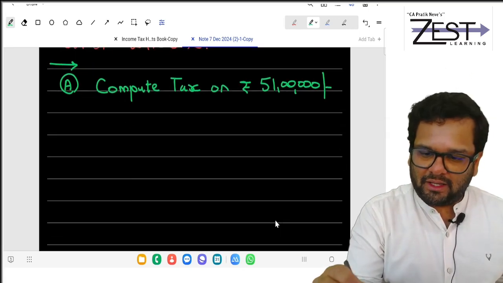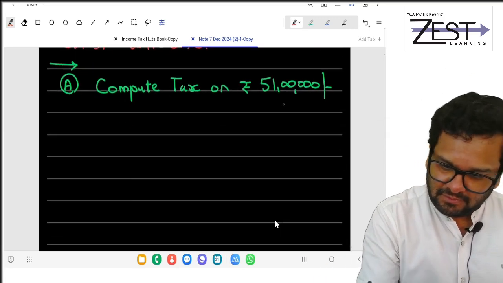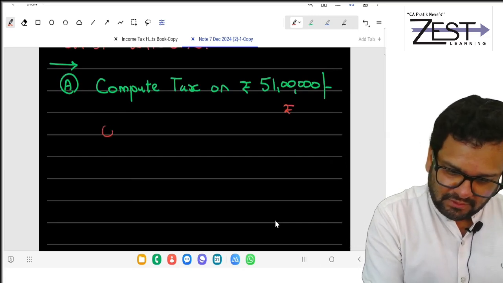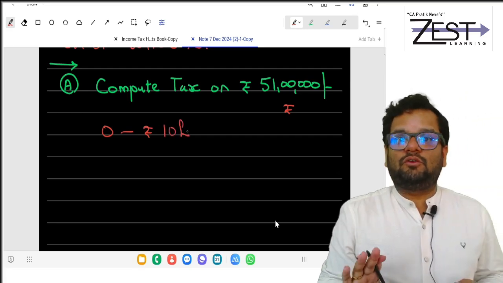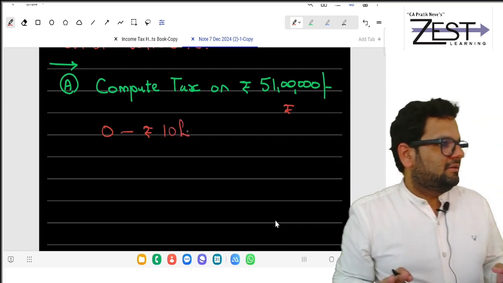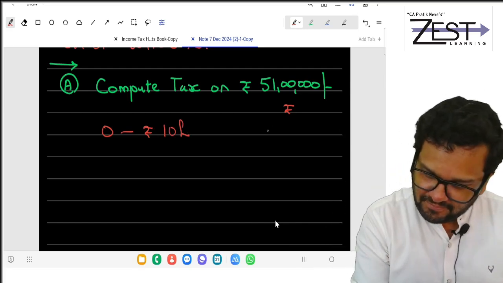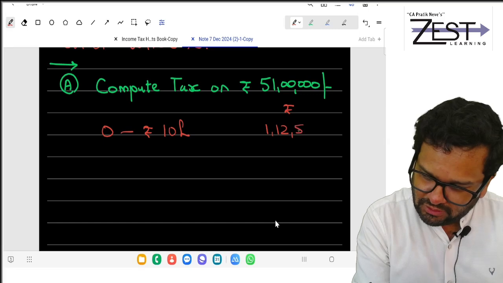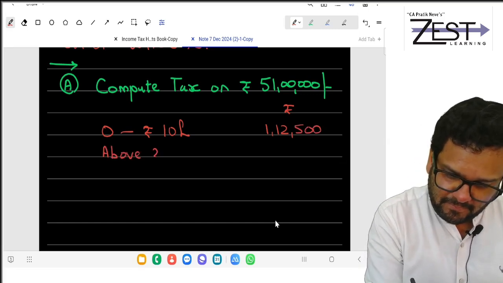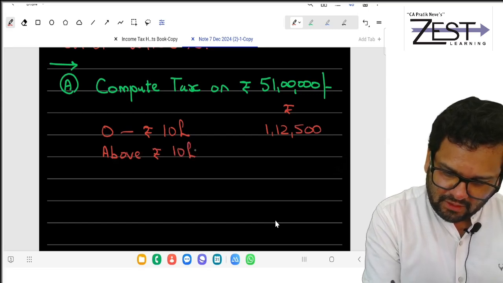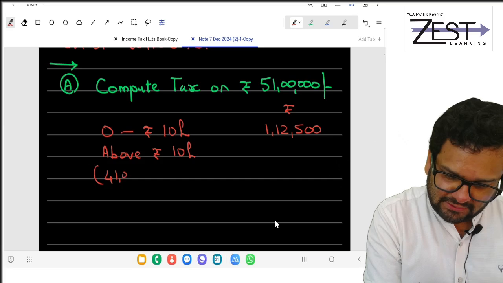So all of you now, you are equipped to jump. 0 to 10 lakhs is 1,12,500. And above 10 lakhs, I have 41 lakhs.